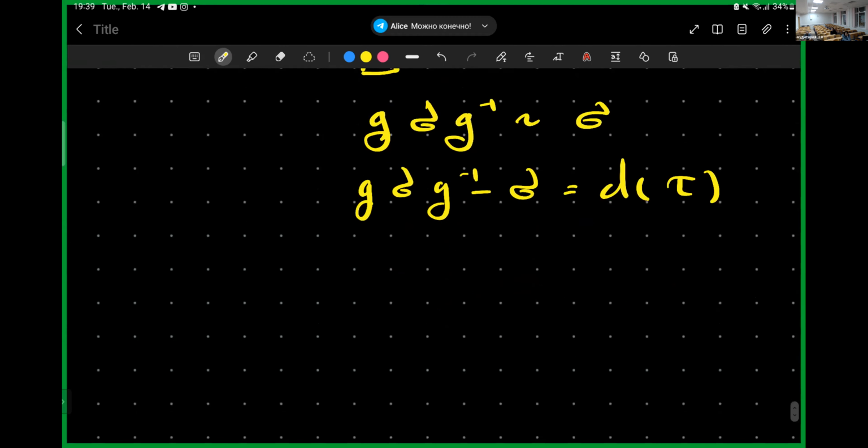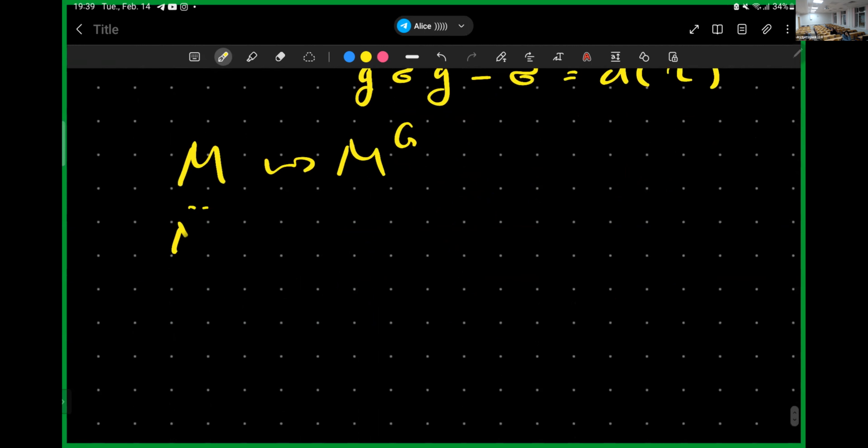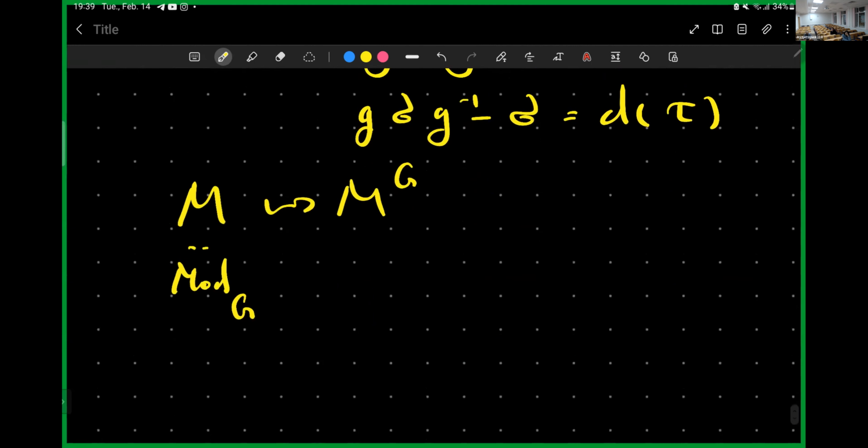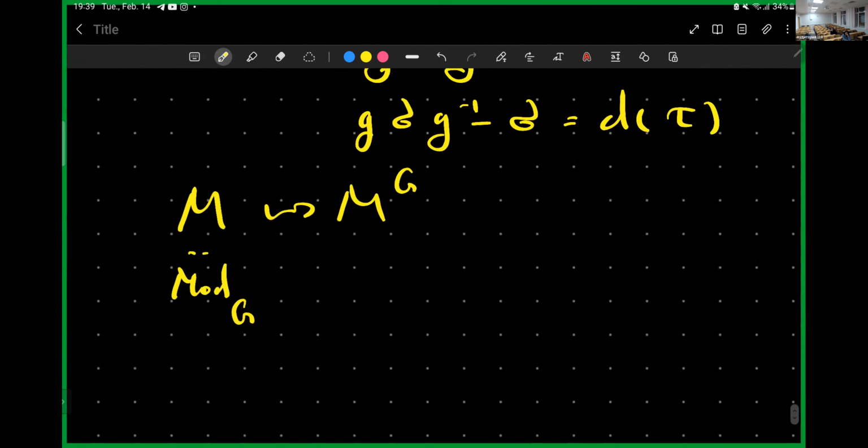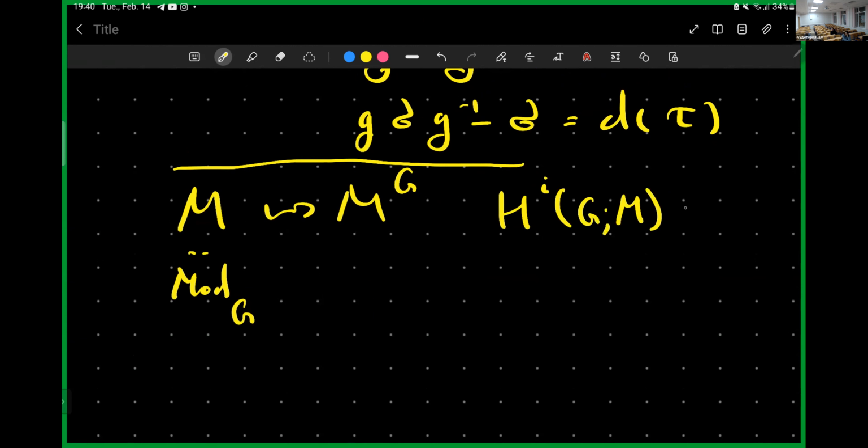So suppose we have... no, this one is invariant. For invariance the answer is the same, meaning the action is still trivial.